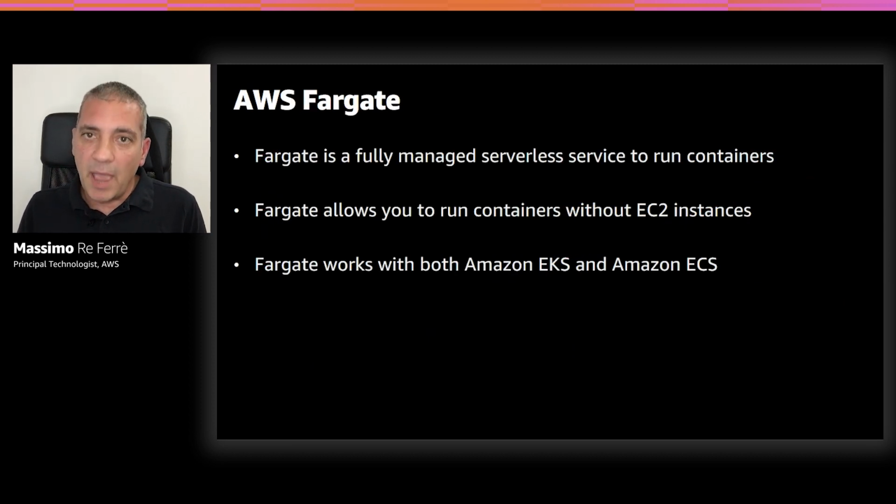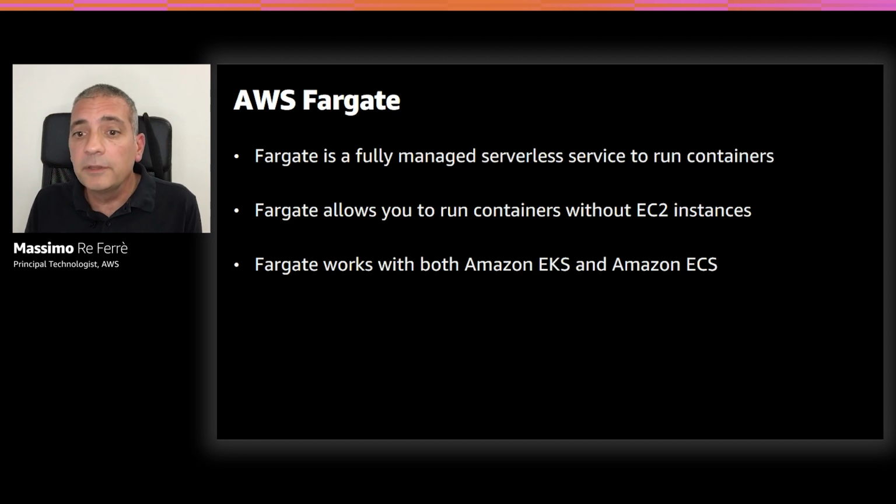Fargate is a fully managed serverless service to run containers. As I said before, with Fargate, you focus on your application. You don't focus on the cluster of EC2 instances that allows you to run your application. You just focus on how you containerize your application and how you deploy it on the AWS cloud.